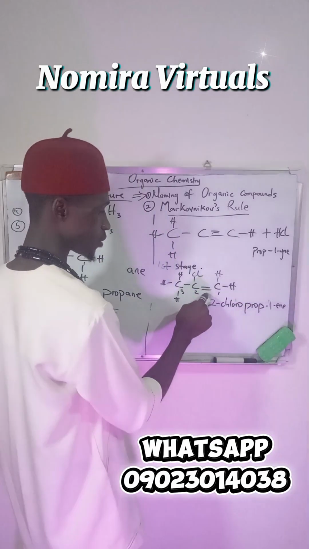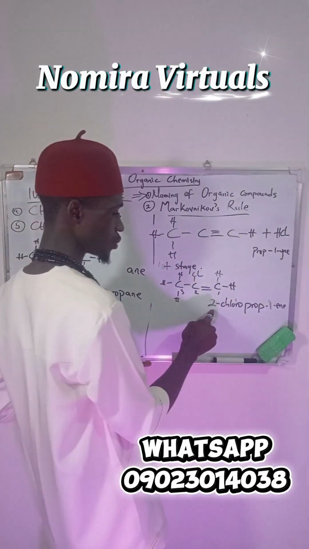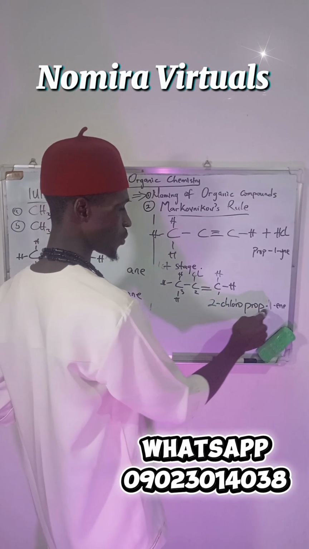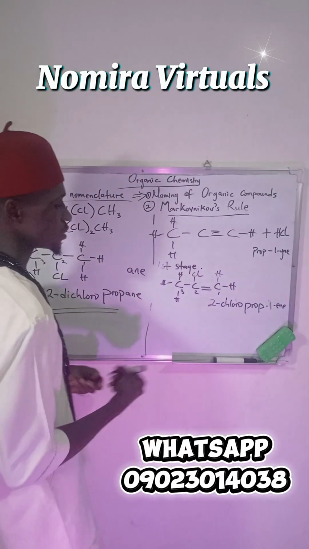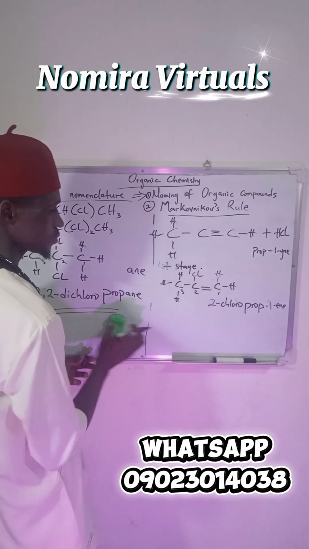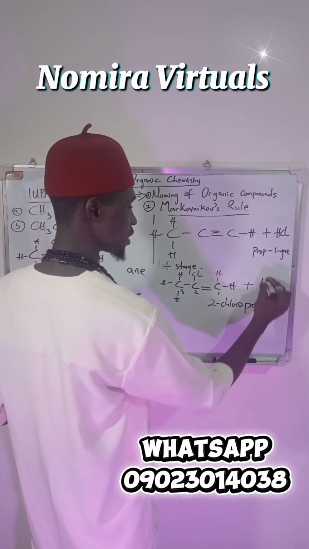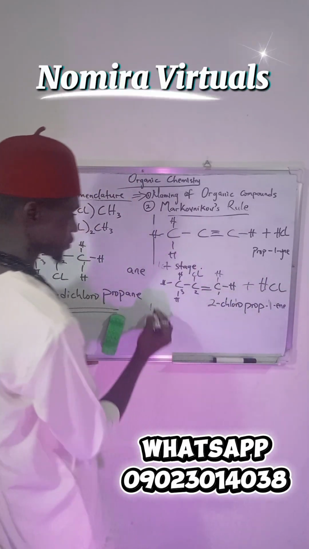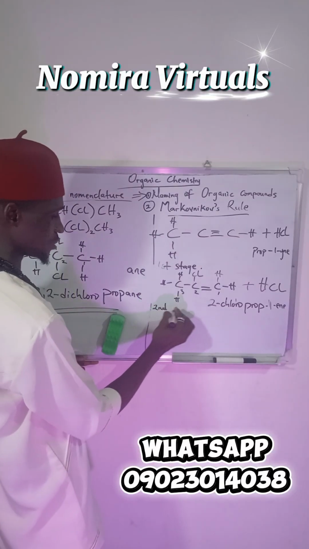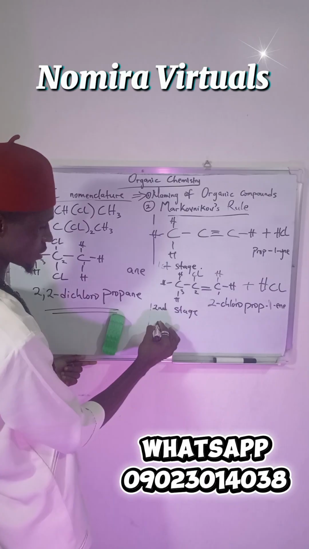2-chloroprop-1-ene. We are giving this double bond to carbon 1, not carbon 2. So it is 2-chloroprop-1-ene. Now, to finish up the reaction, this particular compound will now react with HCl to give us the final stage. The final product will be what?